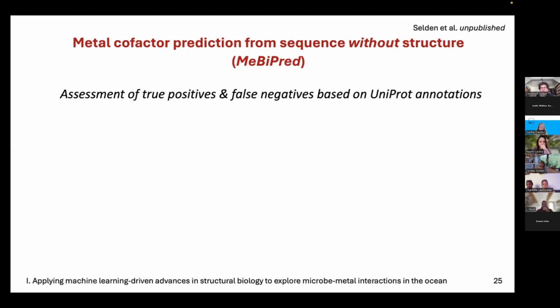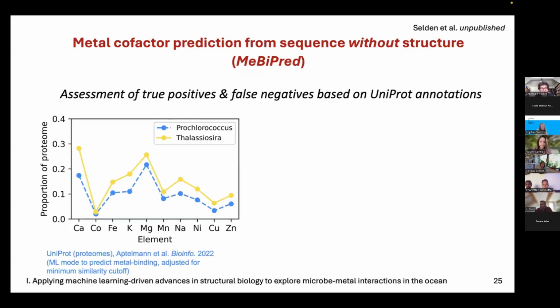So as a first pass, we can assess the frequency of true positives by comparing cofactor predictions to annotations in Uniprot. Many real metalloproteins may not be annotated in Uniprot, so we can't really get at the frequency of false positives this way, but at least we can get a first look. Now, I'm going to show data from two microbes, Thalassiosira pseudonana and a Prochlorococcus.